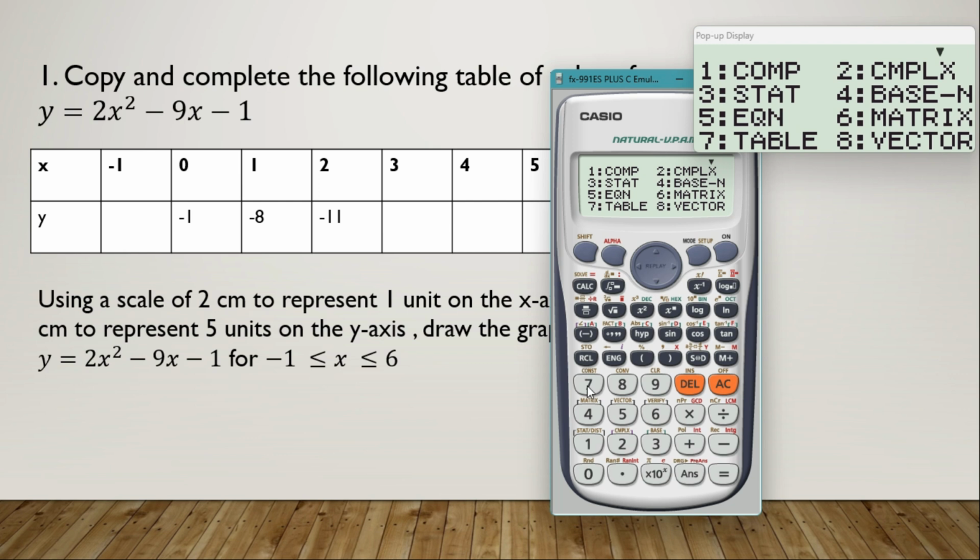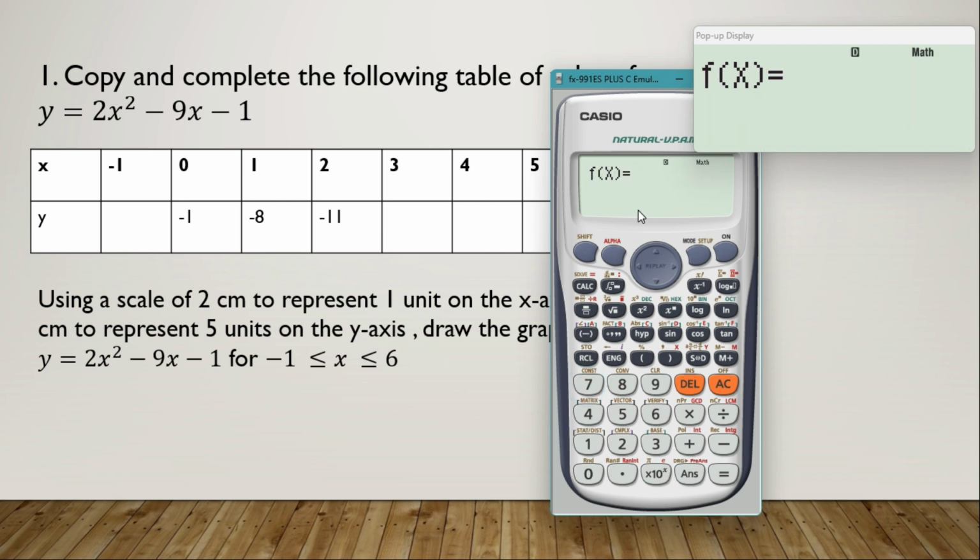That is f of x equals 2x squared minus 9x minus 1. Now you hit the equal sign. It is asking for g. If there's another function, you key in that one too. But here we are dealing with only one function, so we just press the equal sign again.